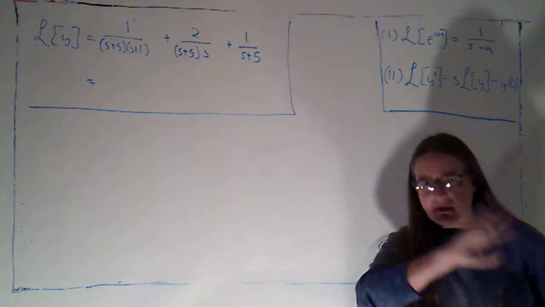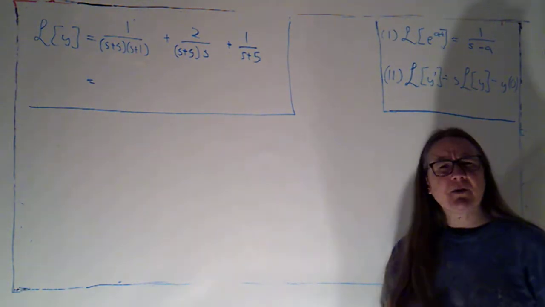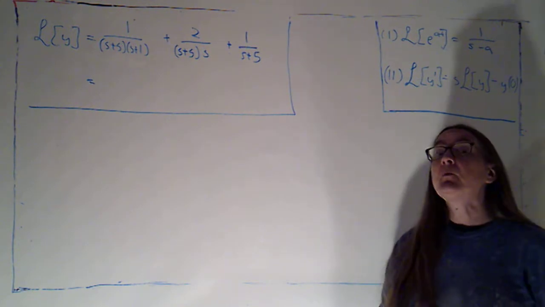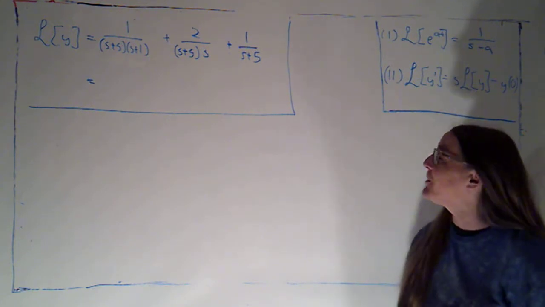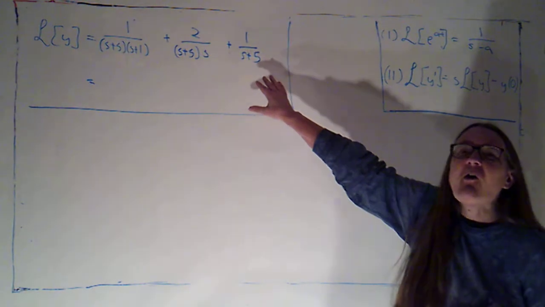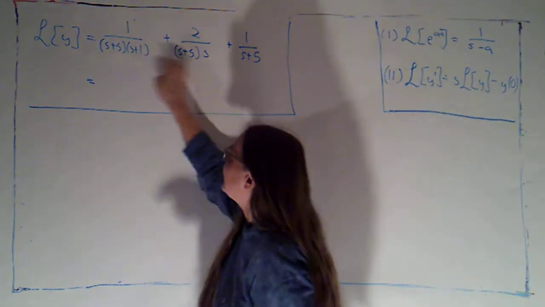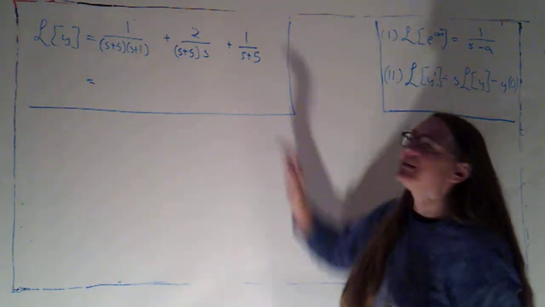I could be wrong, let me know if I'm wrong, but if we do need partial fractions, it's only once or twice. It's pretty rare, okay? The real main use for partial fractions is they show up all the time in differential equations, because we get things that look like this, and we want to make them things that look like this.